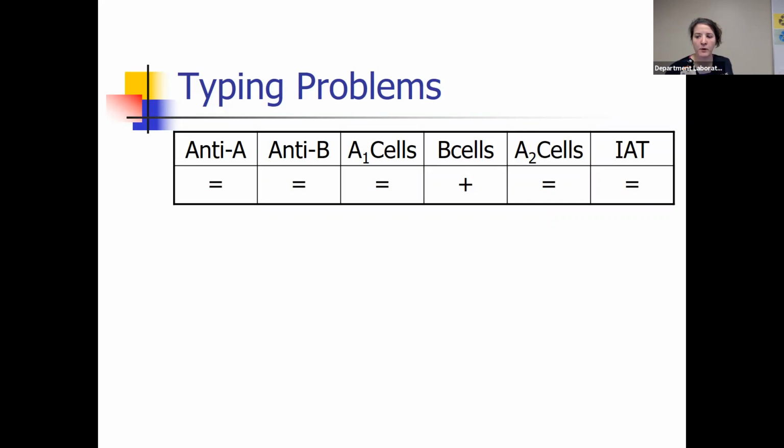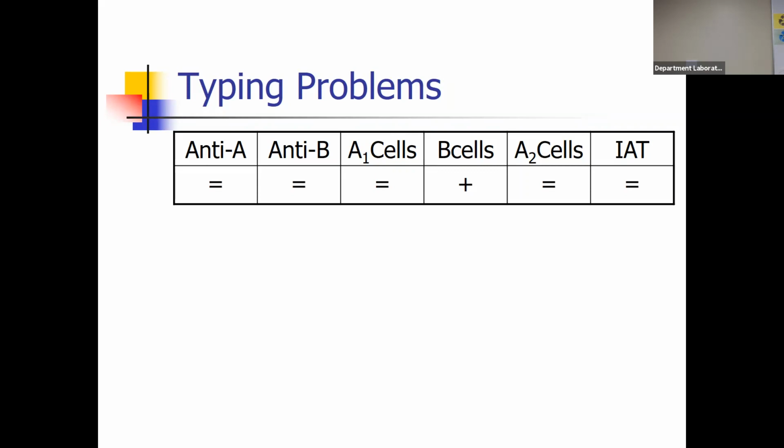All right, so probably what's happening here, why would your anti-A be negative? So Aaron said, what would your A2 cell reaction be if your patient was type O? It would be positive, all right?